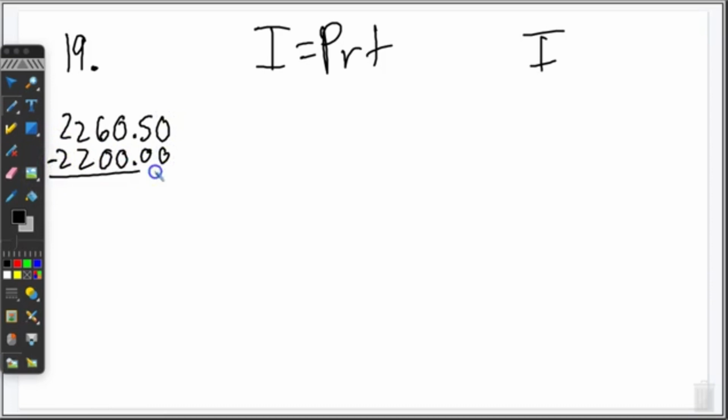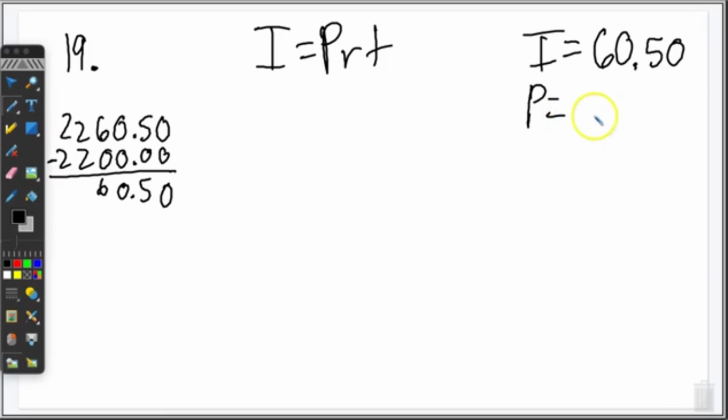So we subtract. The decimal goes straight down, and the interest is $60.50. The principal is the amount she put in, which is the initial deposit, $2,200.